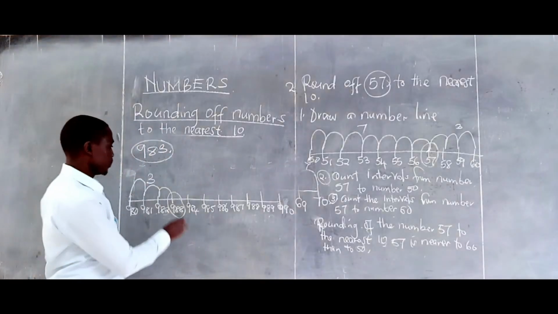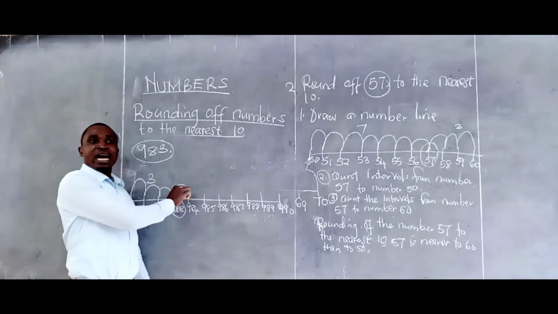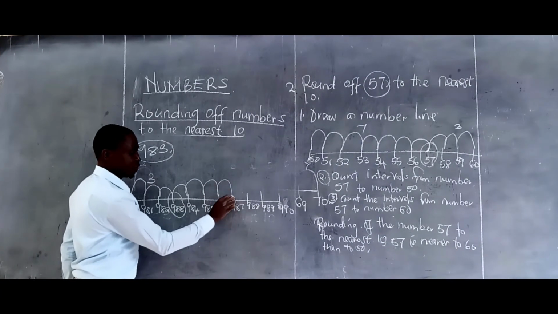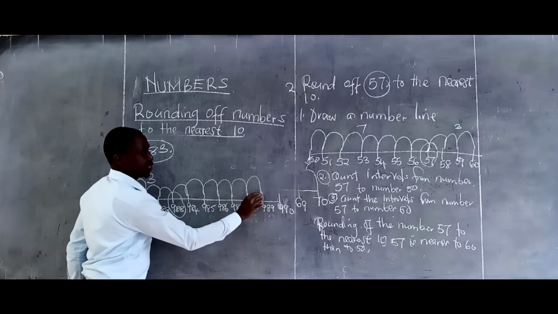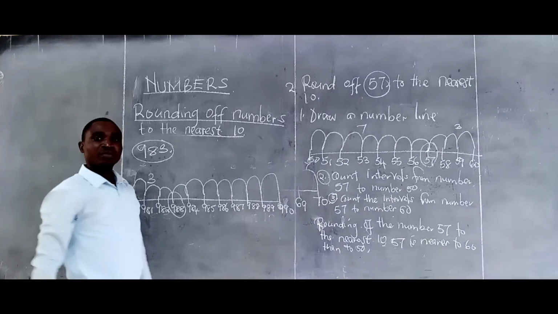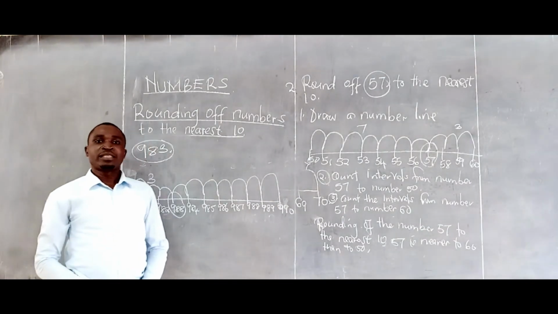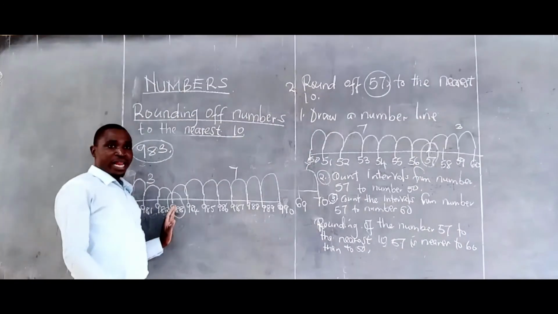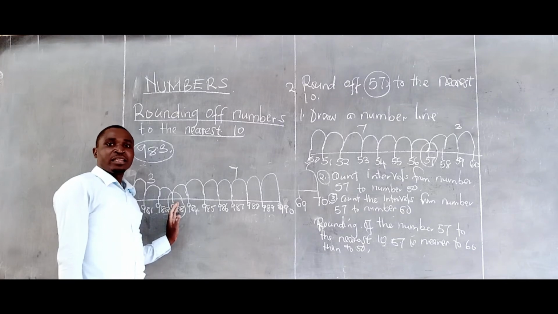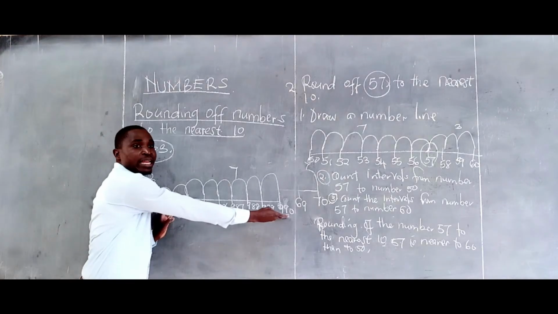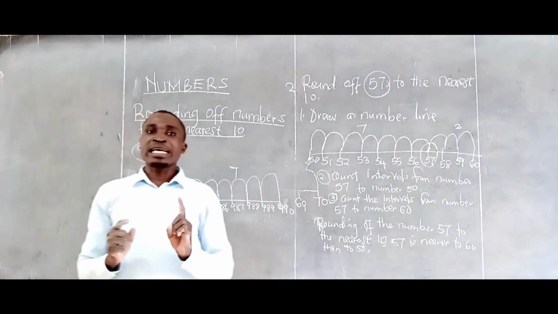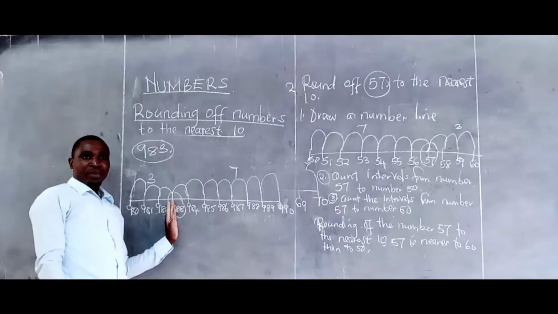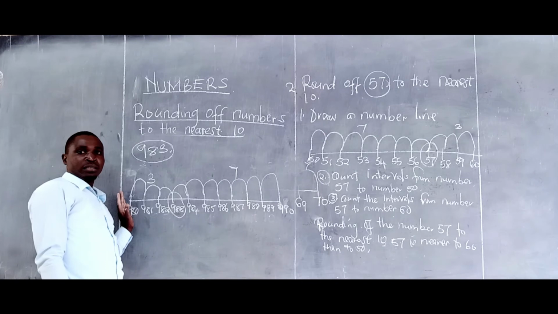We count with me. How many do we find? They are 7 intervals. So the distance from our number 983 to 990 is larger, we have 7 intervals as compared to from our number up to 980.